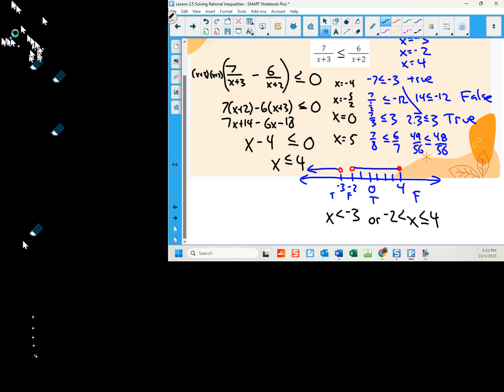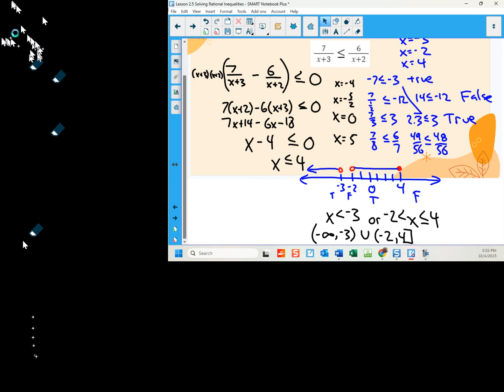That's how I'd write it with inequalities. As far as interval notation, that would be negative infinity to negative 3, not including, and the union of that, and then negative 2 not including, but to 4, which we do include when we put a bracket. So those are the two ways I would write that, and we're done.